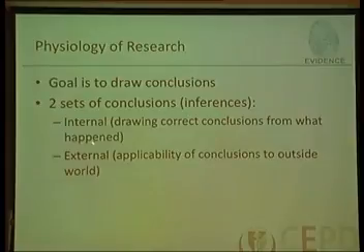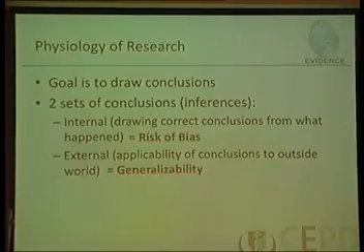There is an internal inference or conclusion, which is the truth within the study, and there's an external one, which is generalizability, taking that truth from the study and applying it on the population. Those conclusions can also have risk of bias when the study is not conducted very well, or generalizability issues.